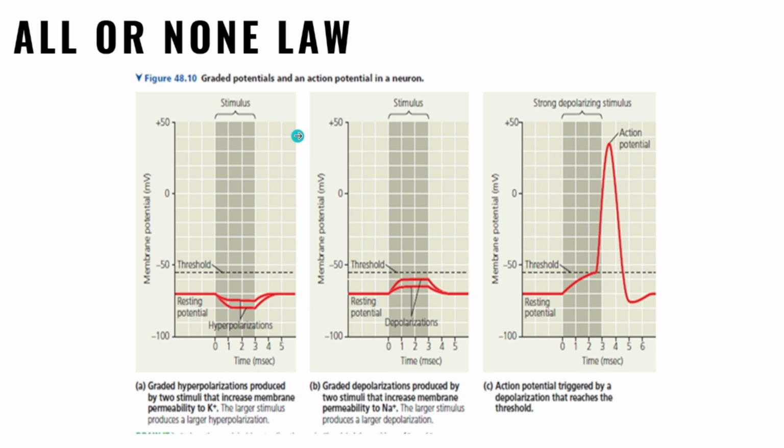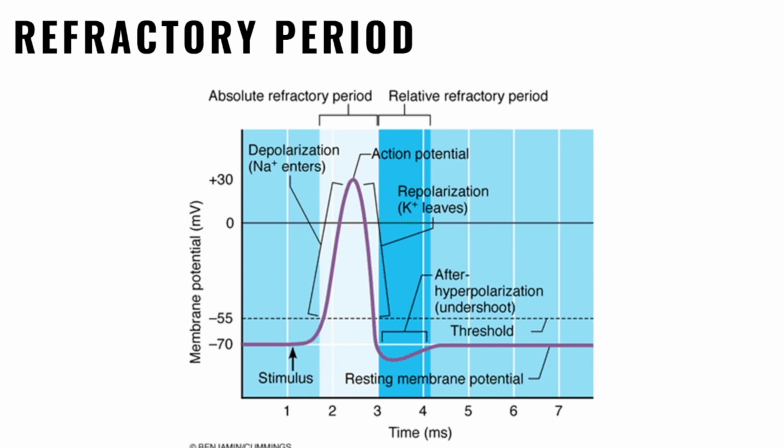So what is the refractory period? Normally the sodium channel is inactivated during the falling phase and the early part of the undershoot. So if a second depolarizing stimulus occurs during this period, it will be unable to trigger an action potential.